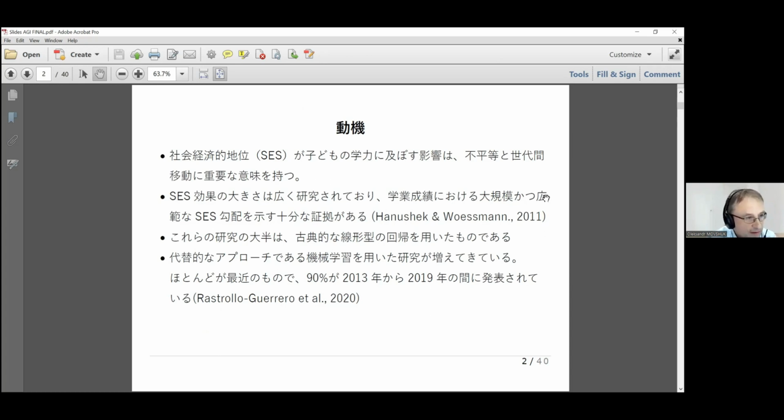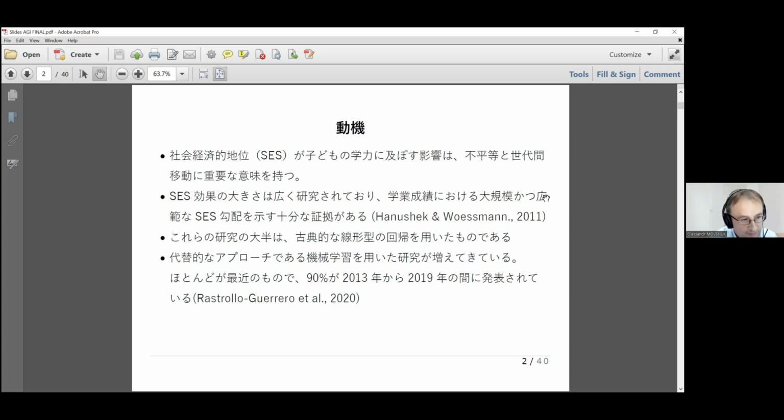Most of the studies that looked at academic activity used very traditional methods such as regression analysis, but in recent years, more papers are attempting a different approach, such as machine learning.